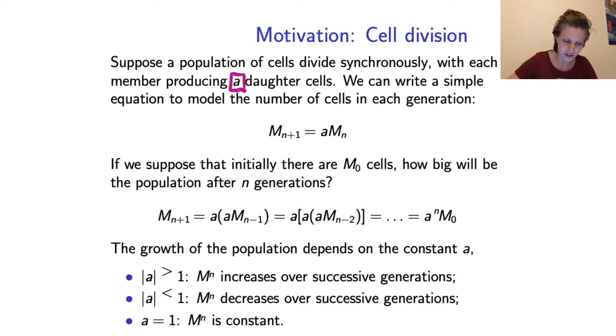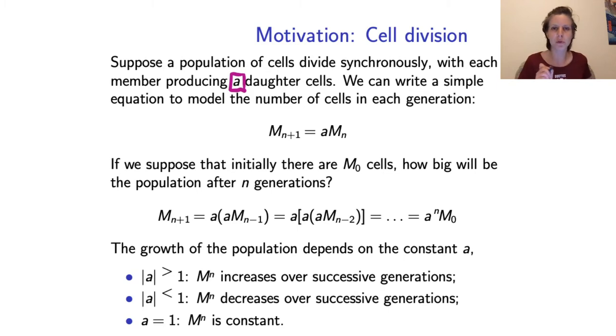In generation n+1, the number of cells will be the number of cells in the previous generation times the number of cells that each cell generates.